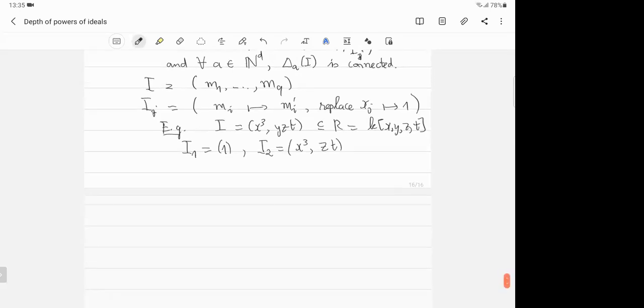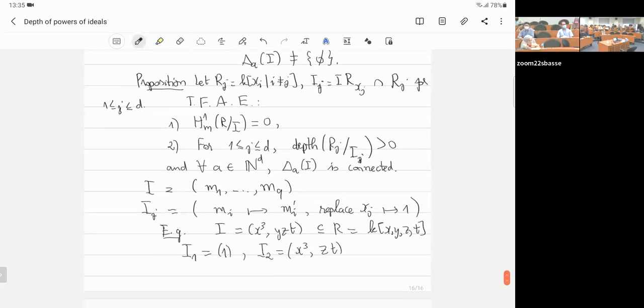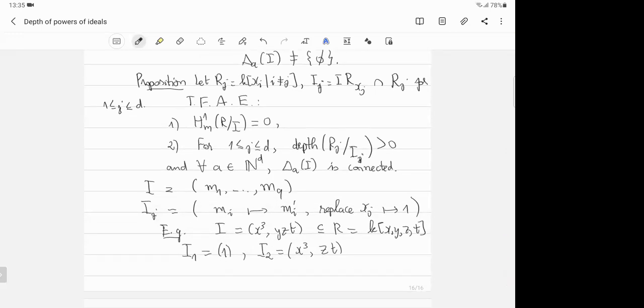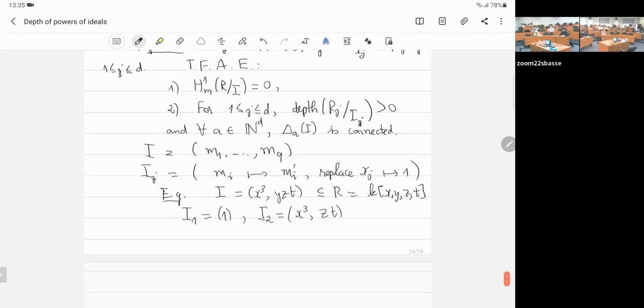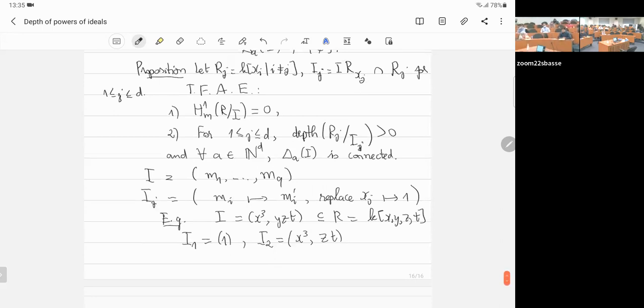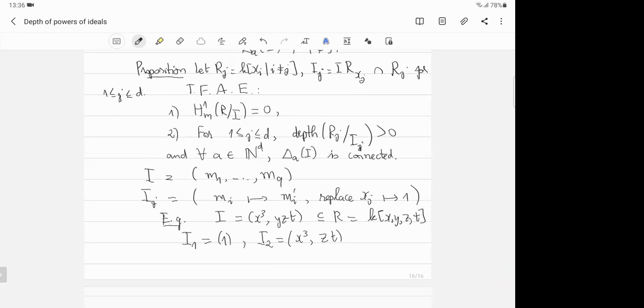Now, when we take the intersection with the polynomial ring R_j, this is the direct way of computing I_j.